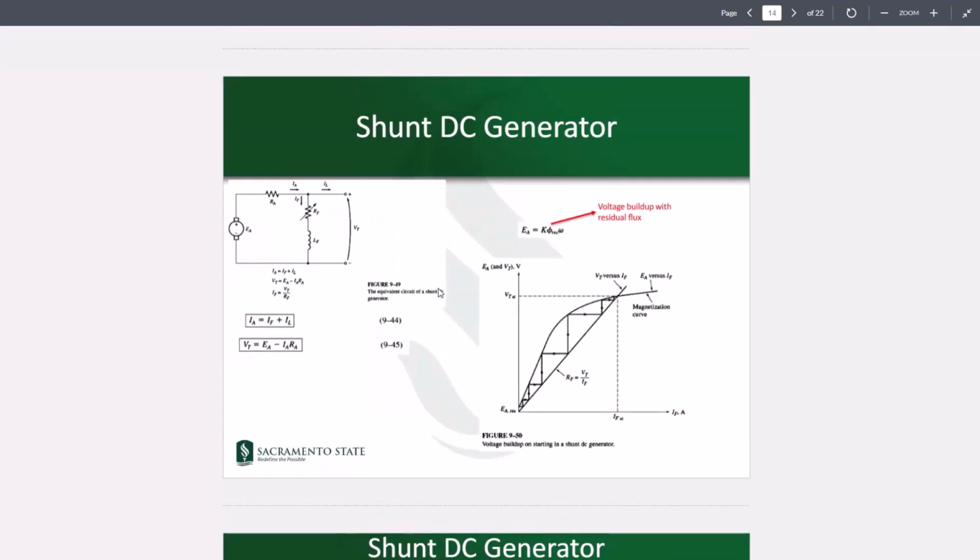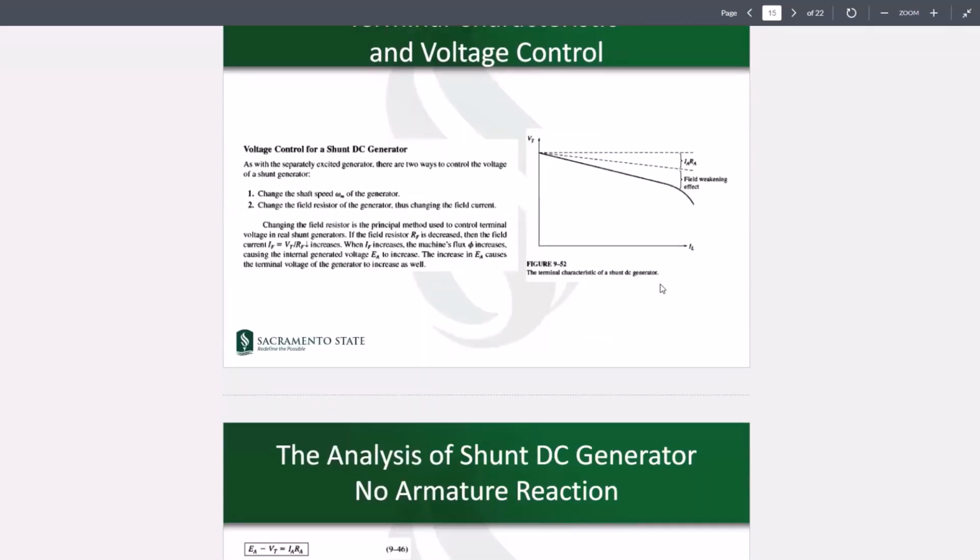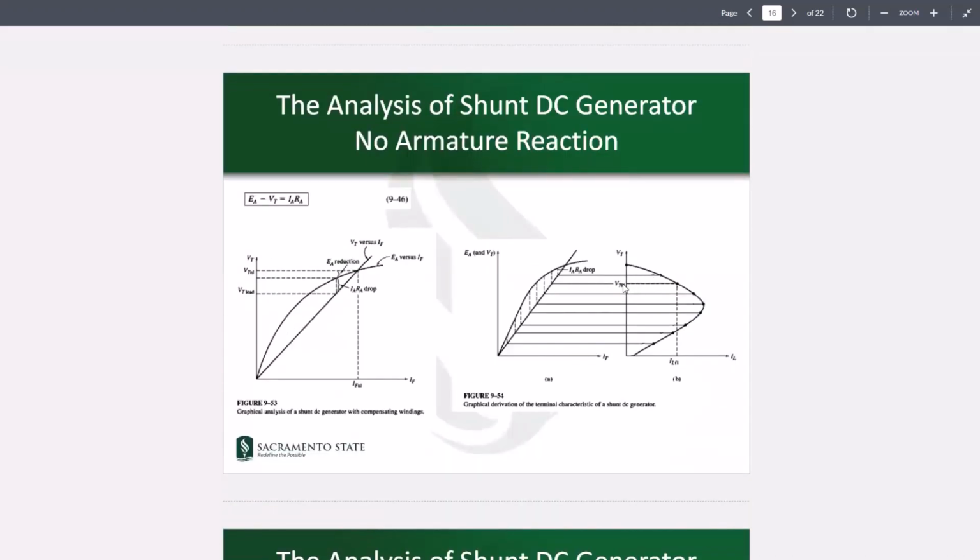So if you really want to find out the VT versus IL, that would be the real work that needs to be done. You find the RAIA drop, and from there you find the VT. That would be one of the points, but you also need to find out IL and then draw the right VT versus IL curve, if that makes sense.